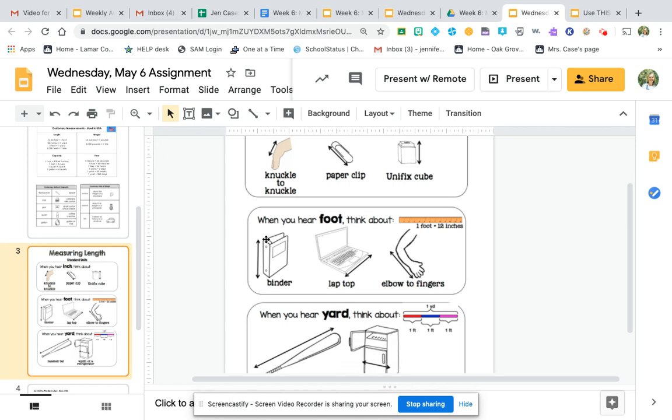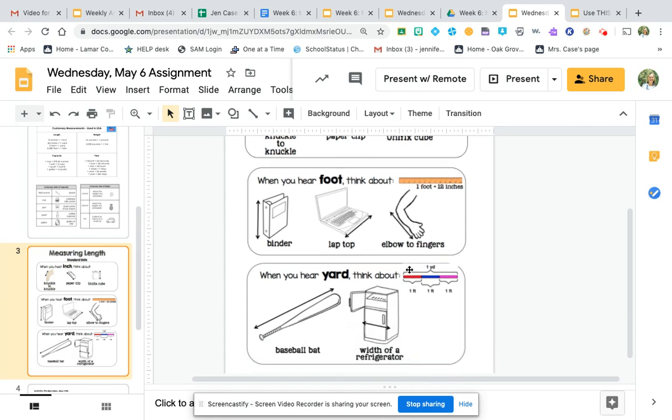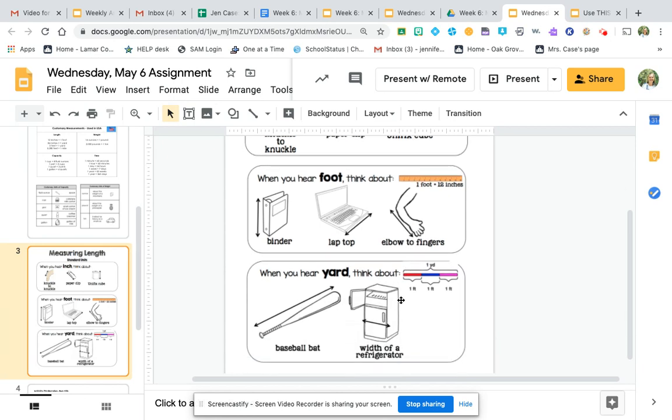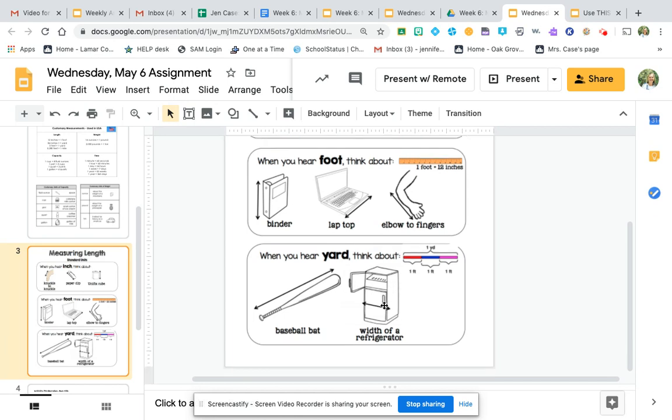You could think about your binder from top to bottom, the front edge of your laptop, or from your elbow to the tips of your fingers. And then a yard is 3 feet, which would be 3 ruler lengths, like the length of a baseball bat, or maybe from one side of your refrigerator to the other. So again, another reference chart for you to look at.